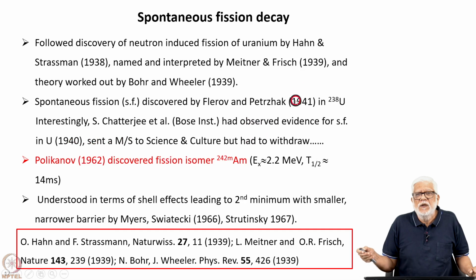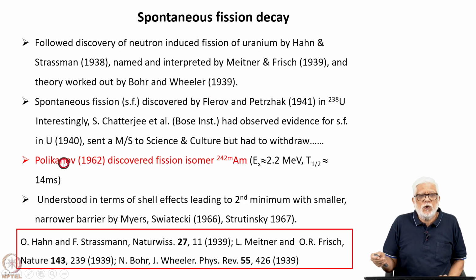Although they did the experiment and had a preprint a year or so before Flerov, their publication came later, and so the discovery of spontaneous fission is attributed to Flerov rather than to Chatterjee.